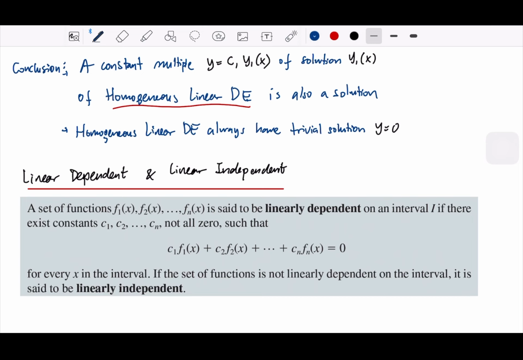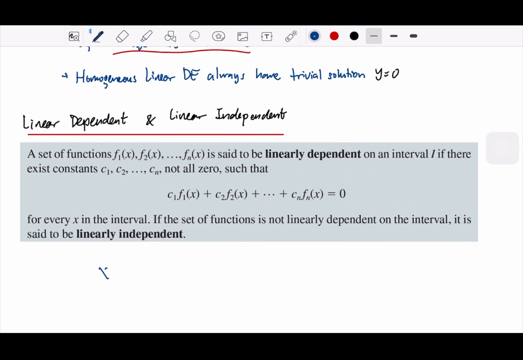For example, if we have x squared and then 3x squared, I think it's pretty clear, because the second one is a constant multiple of the first one. So it's supposed to be dependent.